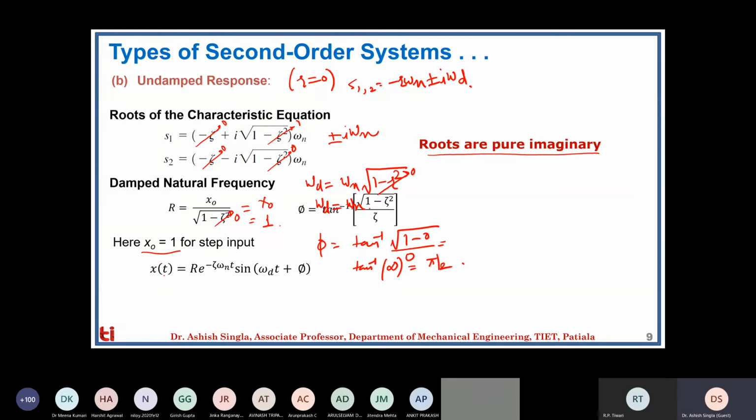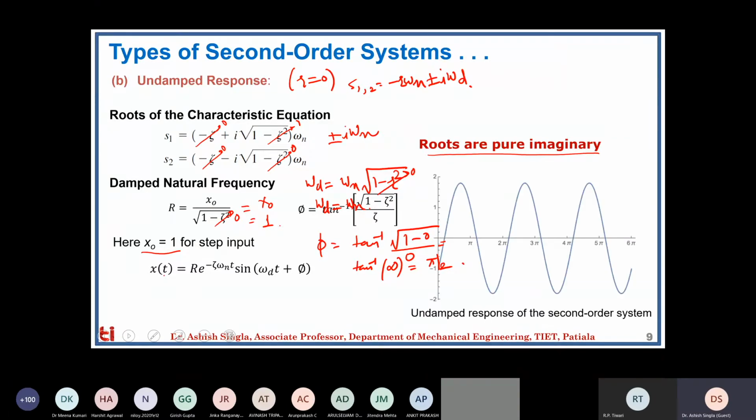So when zeta is equal to 0 for undamped systems, we have R is 1, e raised to the power 0, and sine of omega n t plus pi by 2. So pi by 2 is for phi, which we have just calculated. That will give us cos of omega n t.